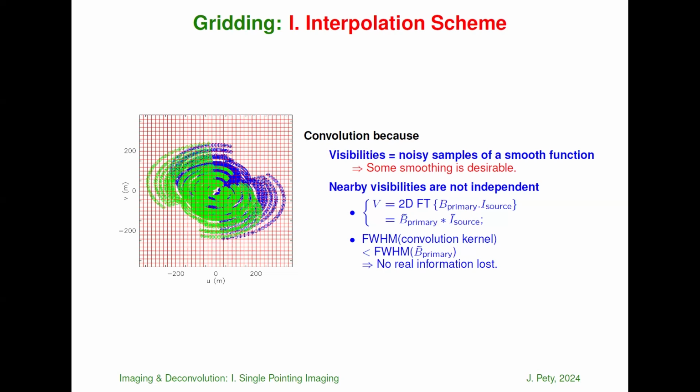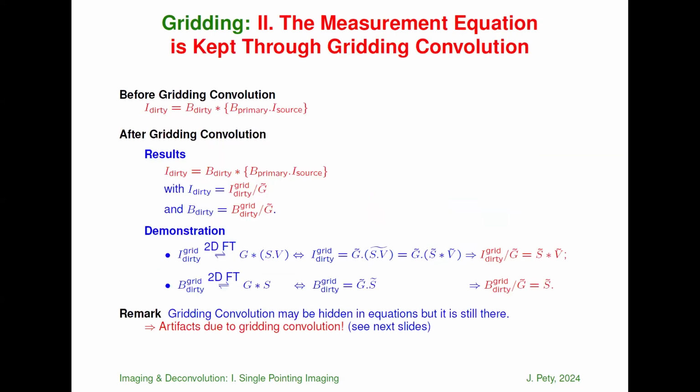As long as the full width at half maximum of the convolution kernel you use to interpolate is smaller than the full width at half maximum of the Fourier transform of the primary beam, you will not change this equation much. You will not really lose information if this condition is met. That's the second reason why we are doing interpolation by convolution.